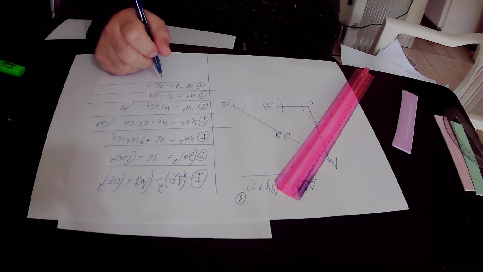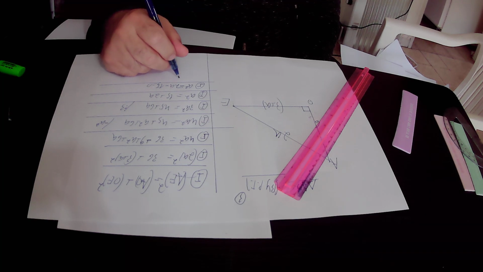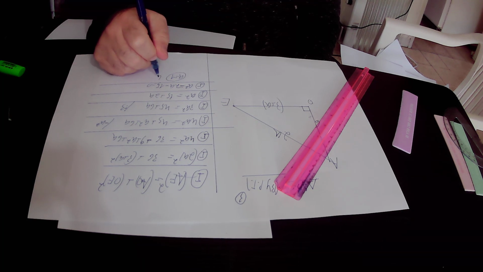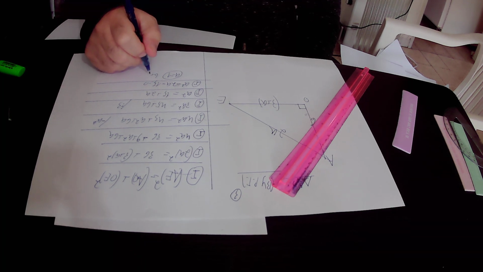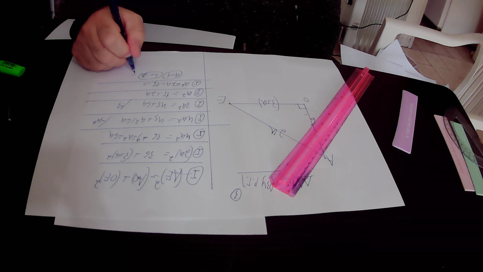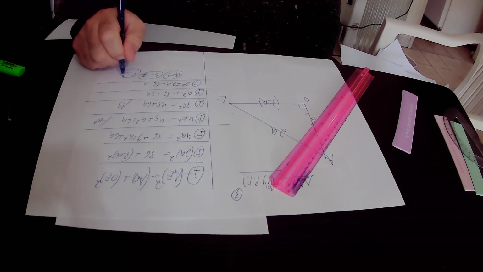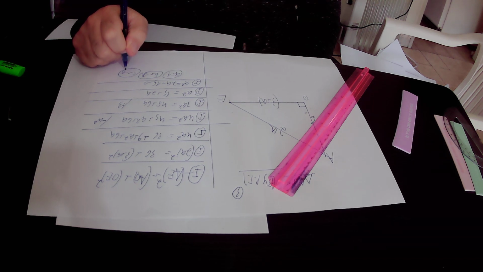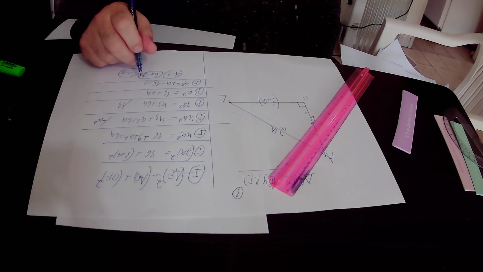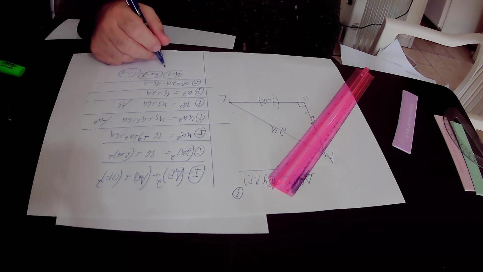So here we have a quadratic equation. The coefficient a in this quadratic equation is 1, the coefficient b is minus 2, and the coefficient c is minus 15. And the variable that we are looking for in this quadratic equation is A, so x equals A.